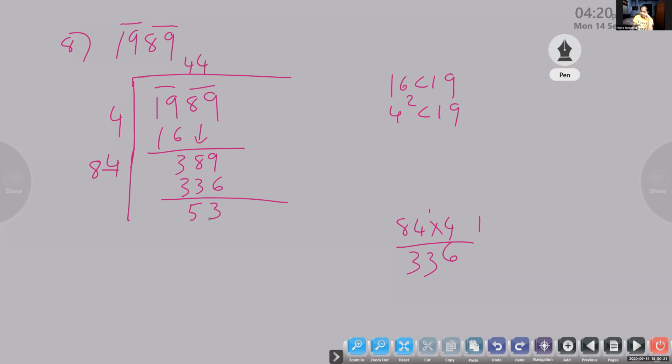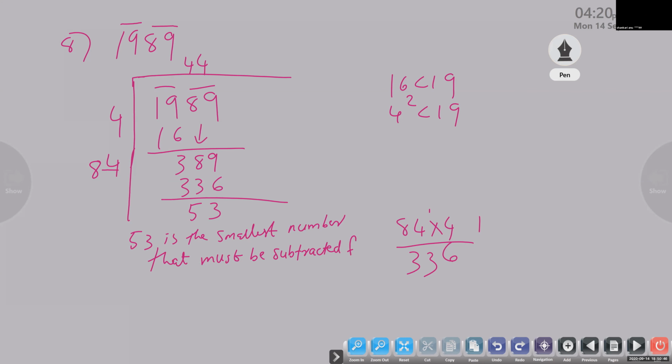So 53 is the smallest number that must be subtracted from 1989.